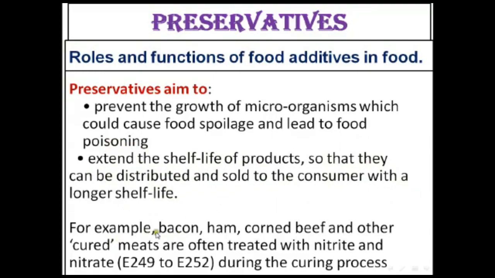An example of this is that bacon, ham, corned beef and other cured meats are often treated with nitrate and nitrite during the curing process. So these are the food preservatives we are adding, and their functions.